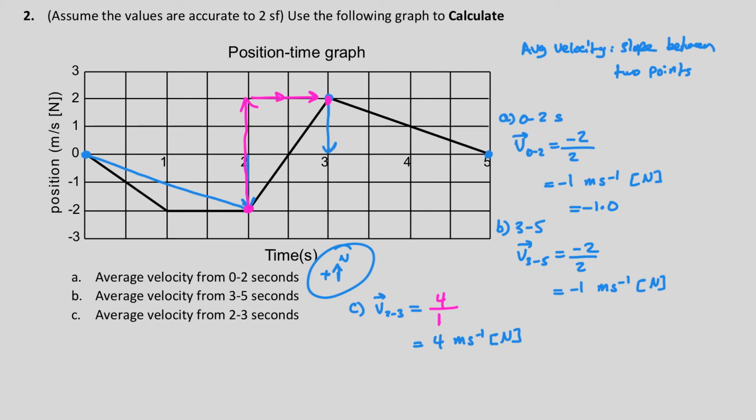This is -1.0 meters per second north. I'm going to highlight it. So see, sometimes I also forget significant figures and I go back and fix it, and obviously that's okay, but it's always nice to go back and check your answers and make sure that they are correctly written. So -1.0 meters per second north, and this one is going to equal 4.0 meters per second north.